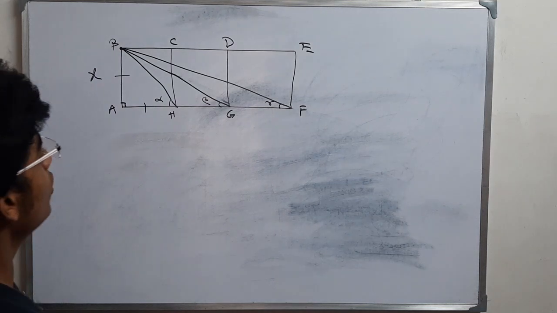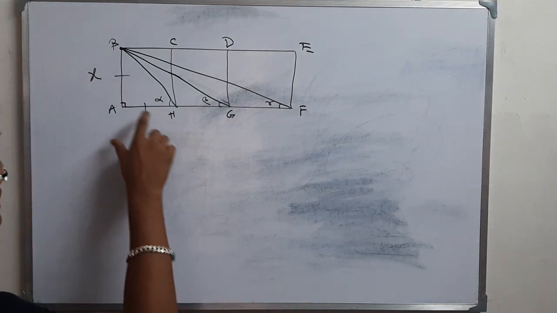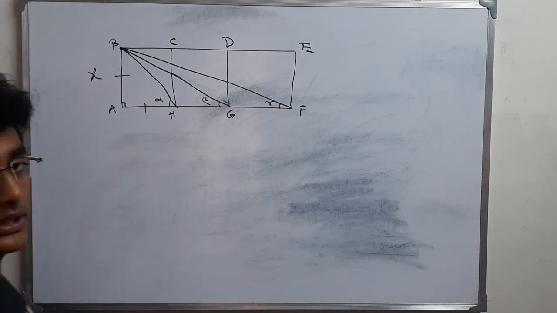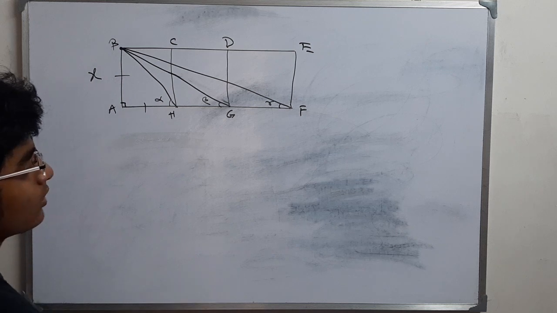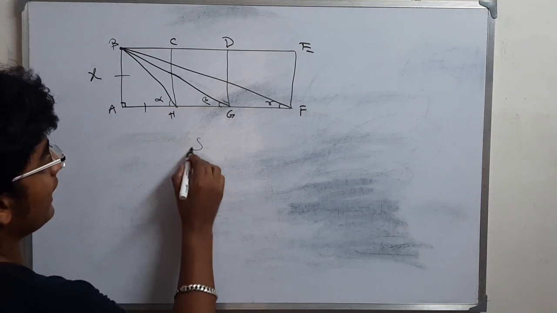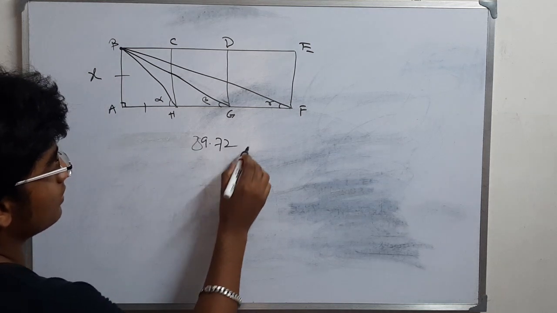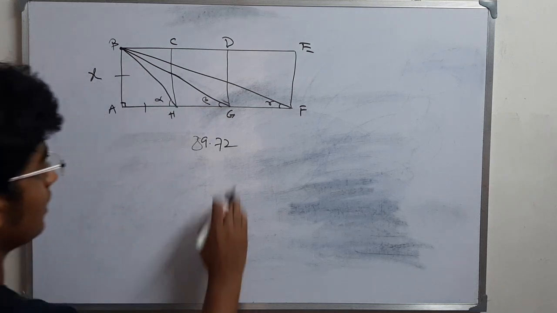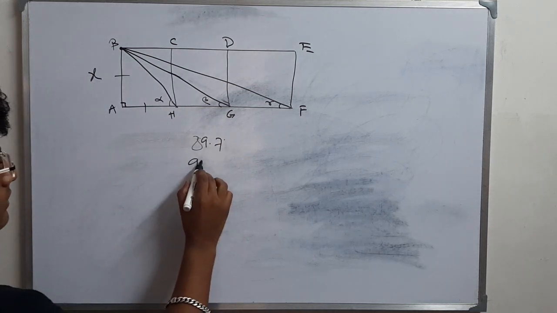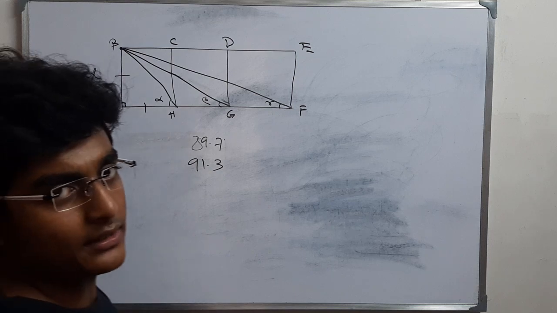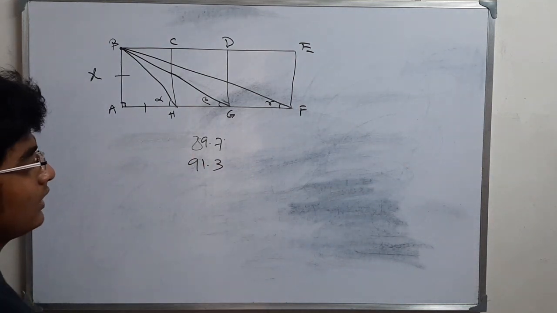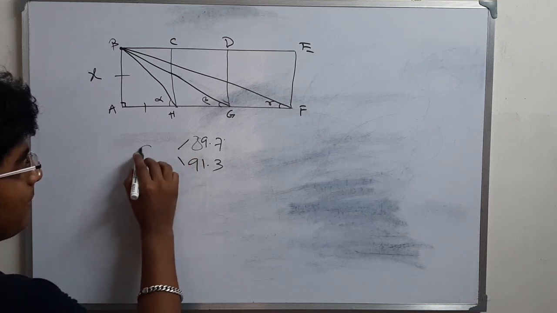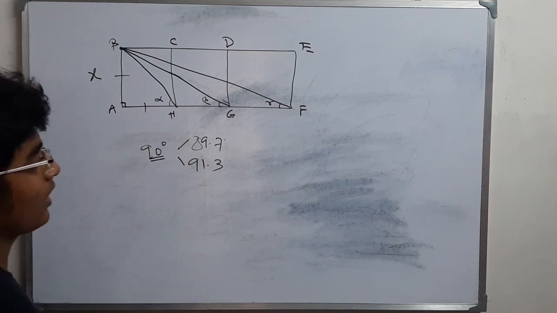If you measure these angles geometrically using a protractor, you will get values approximately equal to 90 degrees, for example 89.7 and 91.3.